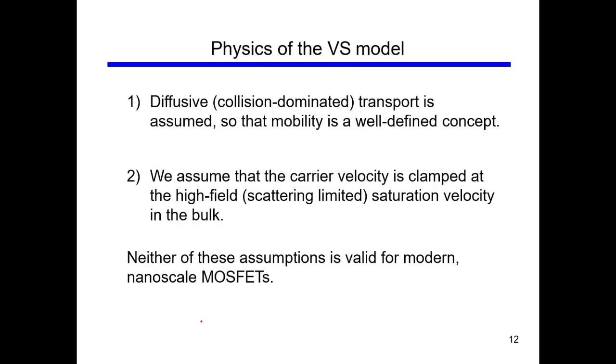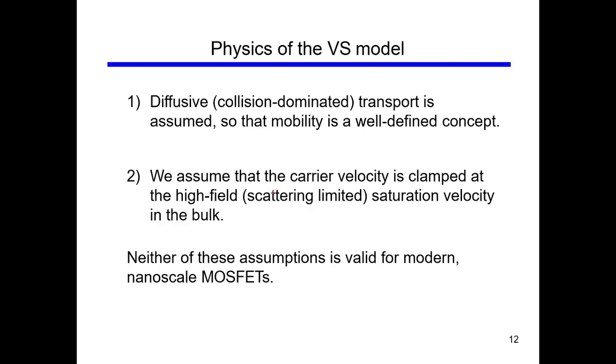But as I told, there are things that cannot be described by this simple model. Maybe we will come back to this, or not. We will see how much time we have.